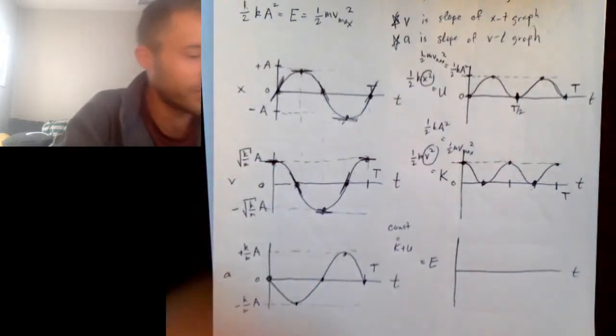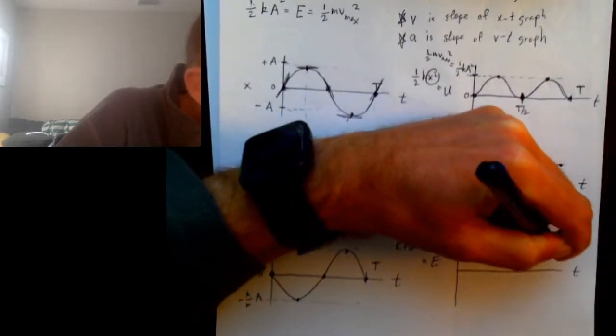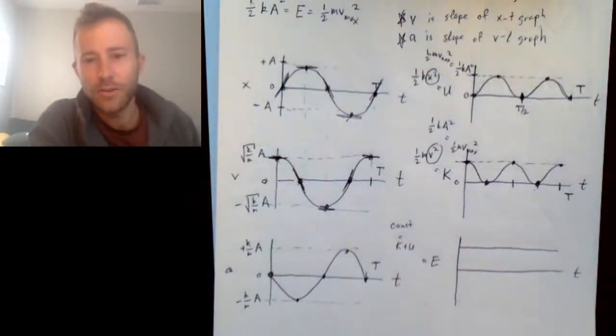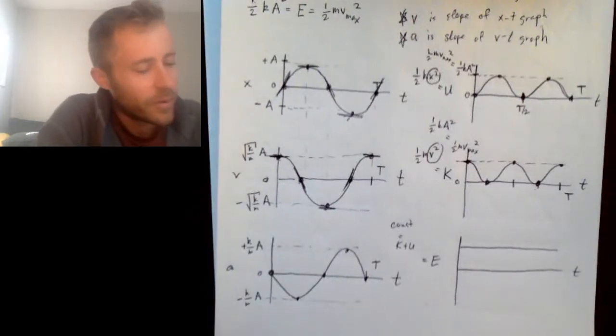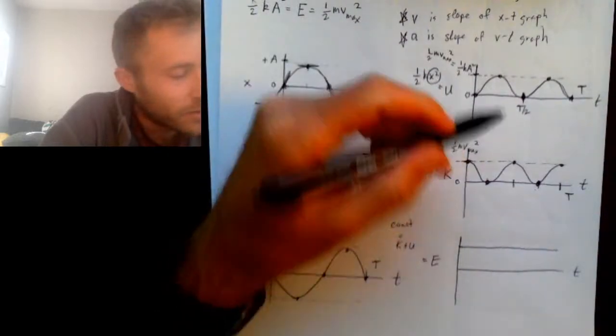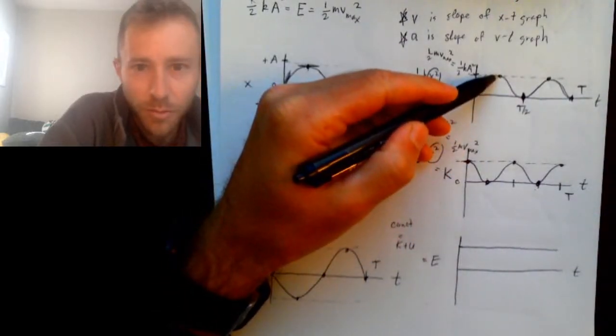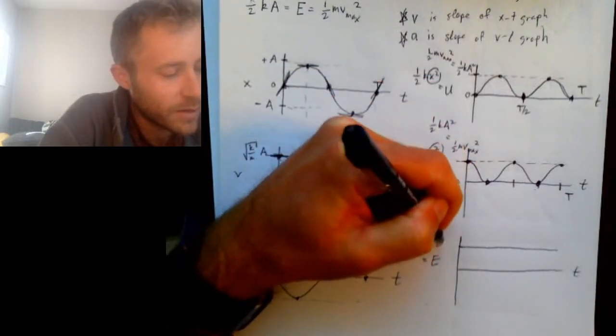They have no slope because they're not changing as time goes on. So this is going to be your total energy versus time graph. And the value is, remember, the energy goes all potential at one point. So that is 1/2 k a squared.